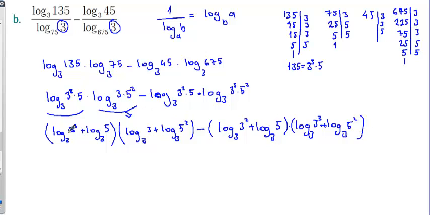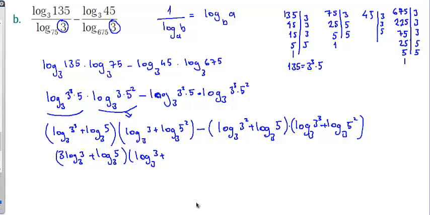If I get the powers in front, 3 logarithm base 3 of 3 plus logarithm base 3 of 5 times logarithm base 3 of 3, plus this is equal to 1 actually.